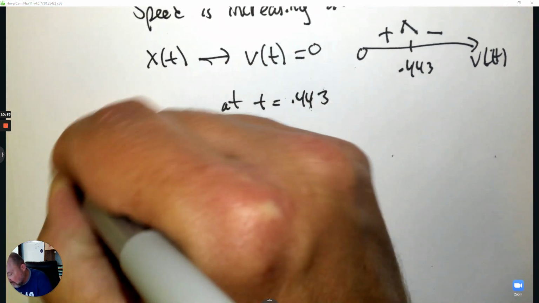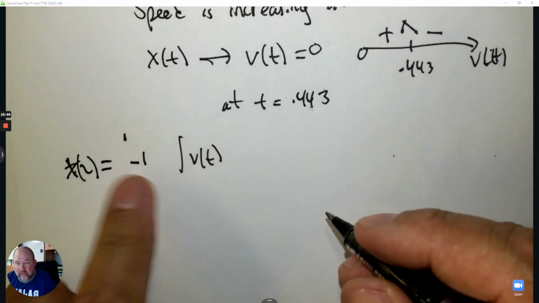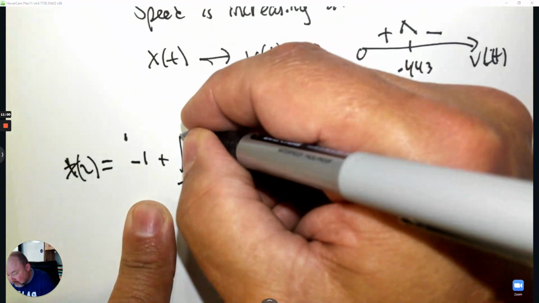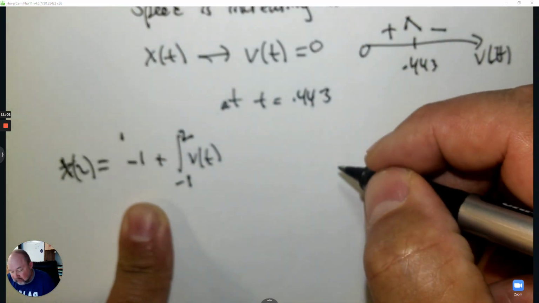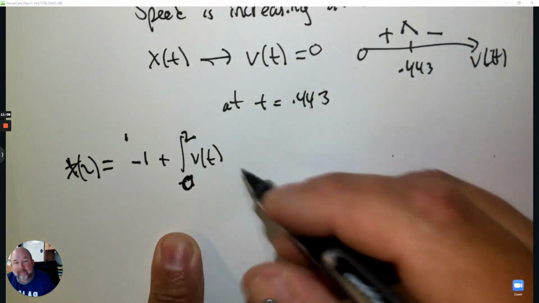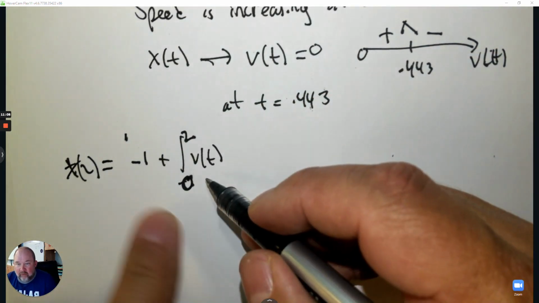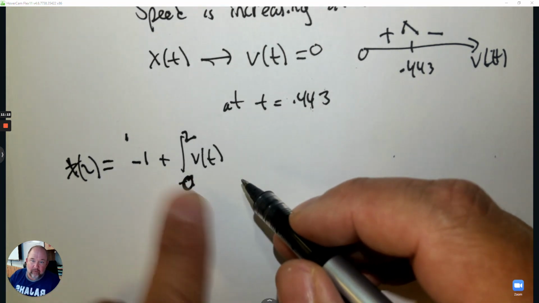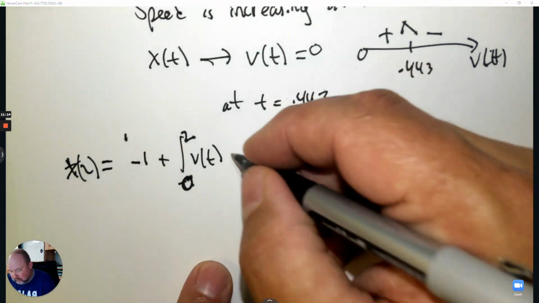We're trying to find this. So the starting value is -1. So we're going to integrate from -1 to the number I'm looking for, which is 2. Oh, sorry. Try again. From 0 to 2. So at 0, the position's -1. Then integrate the velocity from 0 to what you're looking for, which is 2.